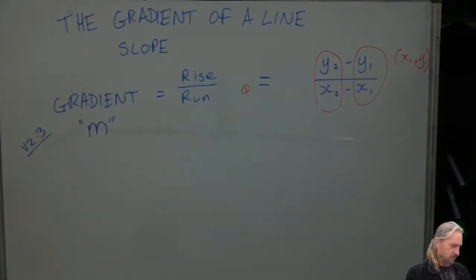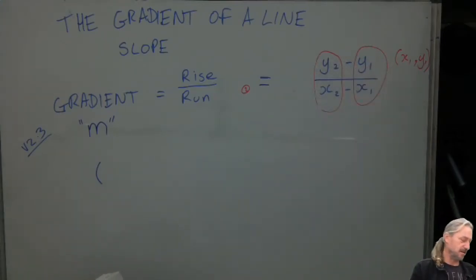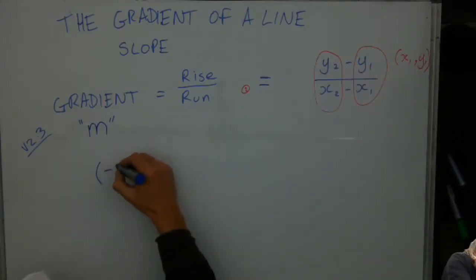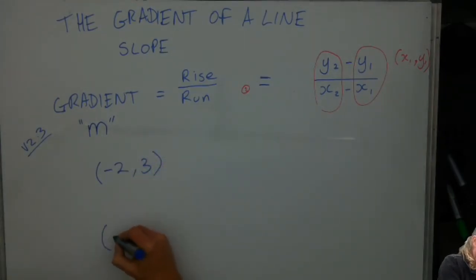Okay, so these examples, find the gradient between, so we're going to be given 2 points, and we're going to be plugging them into this situation. -2, 3, and 5, 4.